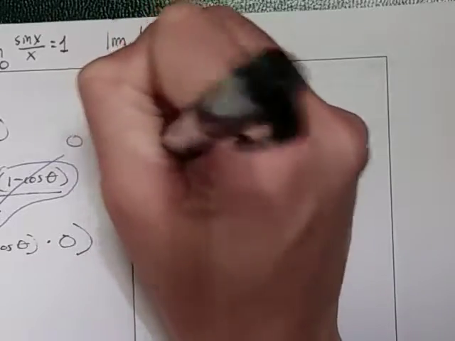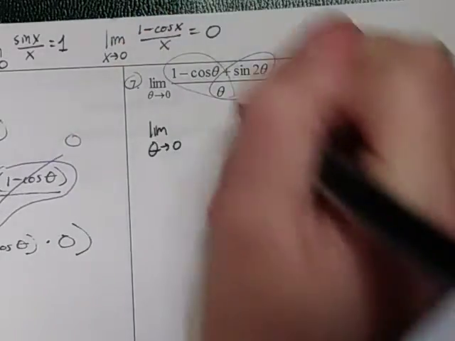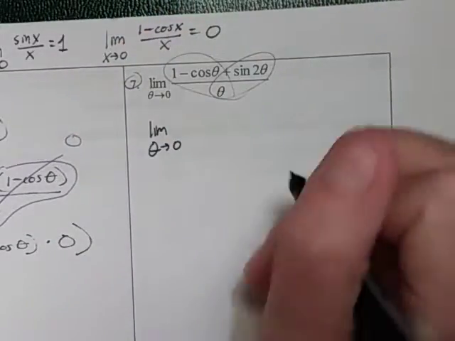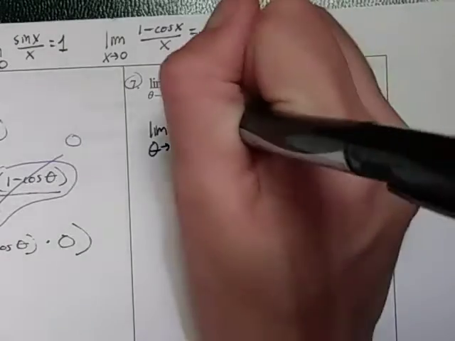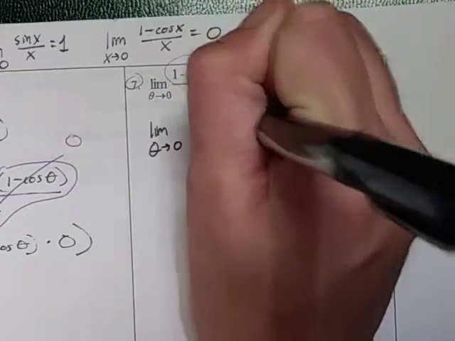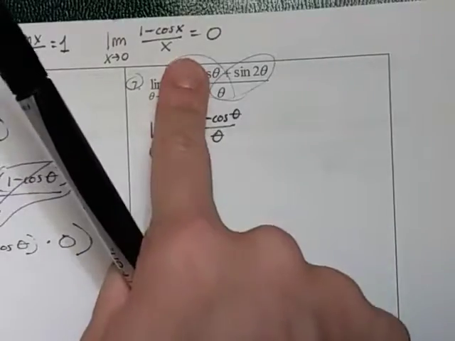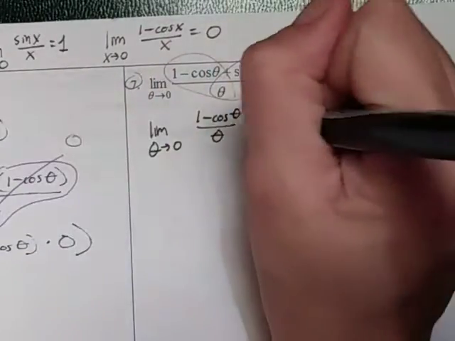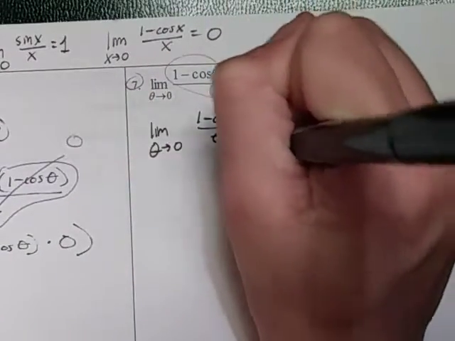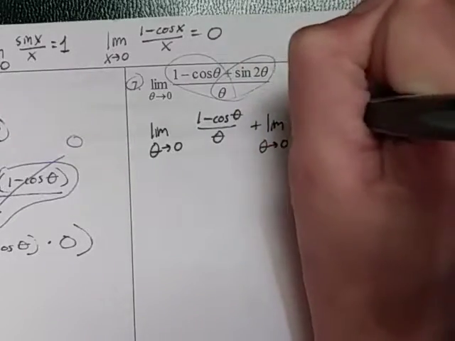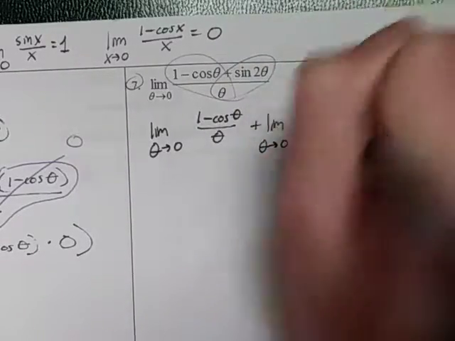So here we go. I have the limit as theta is approaching 0 of this first guy here: 1 minus cosine theta over theta. Beautiful, just as I wanted. And the other guy, the limit as theta is approaching 0 of sine of 2 theta over theta.